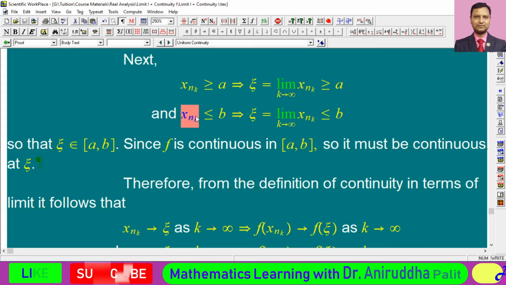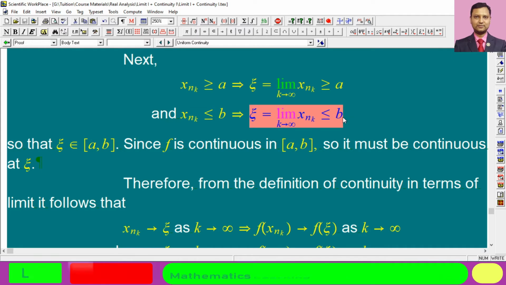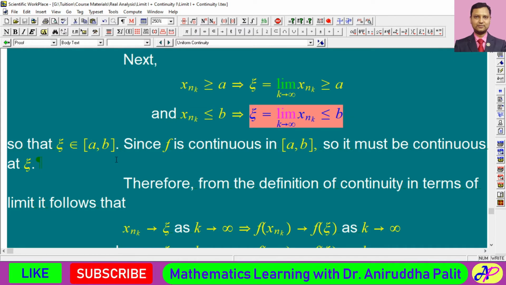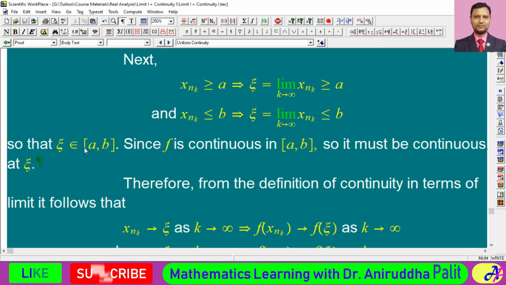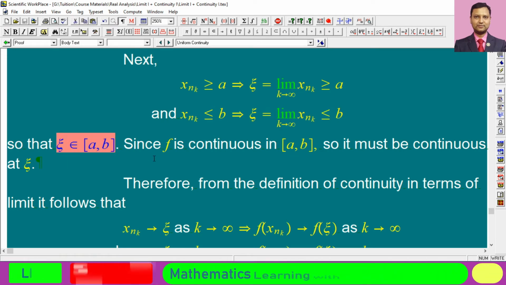Similarly, xnk is less than or equal to b, therefore this limit xi should be less than or equal to b. Or in other words, xi belongs to the closed interval [a, b].